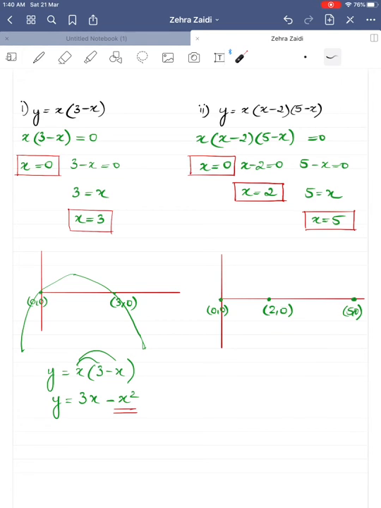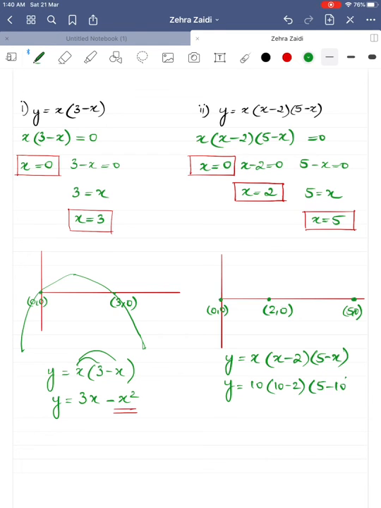So let's take a value of x and plug it into our equation. We have y is equal to x into x minus 2 into 5 minus x. Plugging in 10, we have 10 into 10 minus 2 into 5 minus 10, and we have y is equal to negative 400.